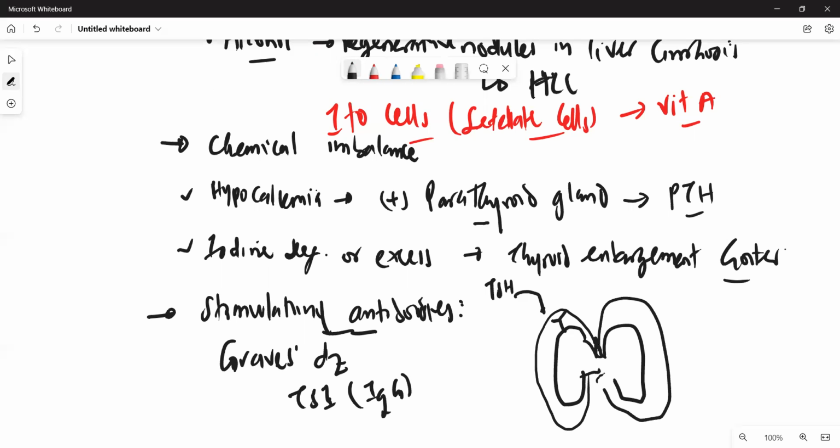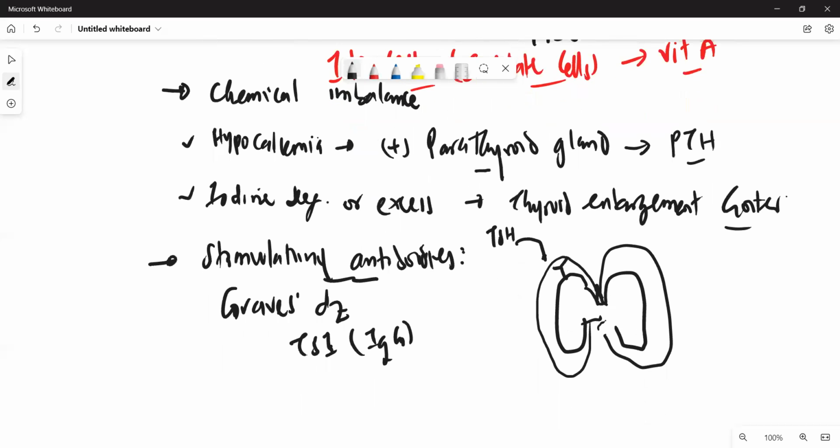So the thyroid gland could undergo what? Hyperplasia, right? And that's why in patients who have Graves' disease, you're going to see symmetric enlargement of their thyroid gland. They can have exophthalmos of their eyes and other findings that we see there. So this is an example of stimulating antibody.